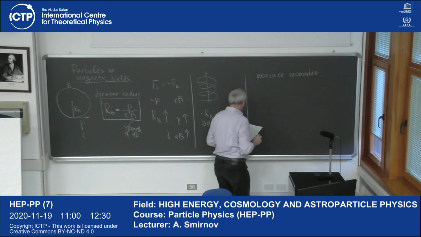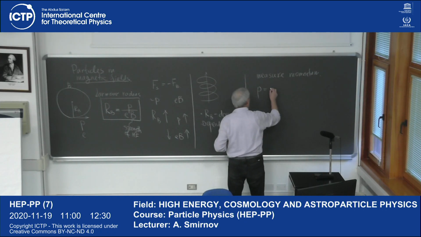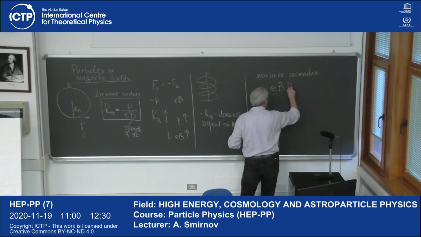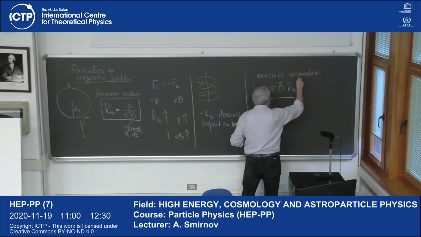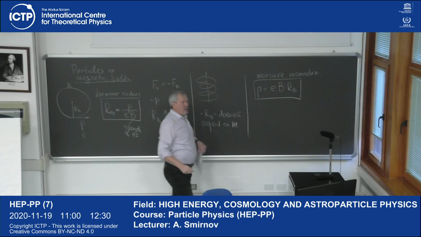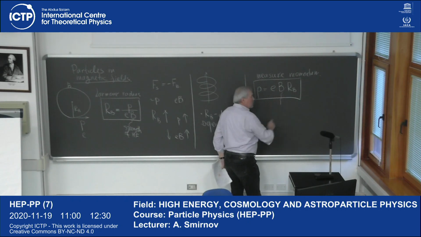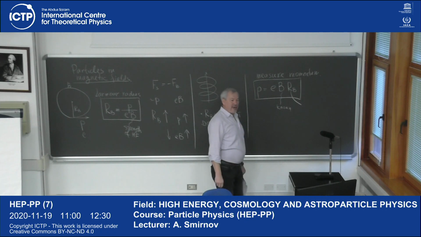And this is a crucial thing, because from the Larmor formula we get that momentum equals charge times B and R_B. So from the point of view of the experiment, B you know, R_B you can measure.